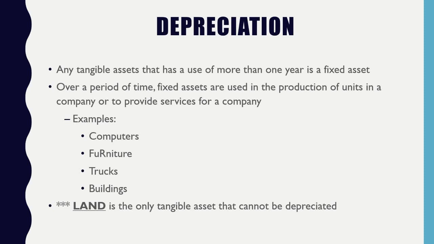Because land can also hold value, especially if it has natural resources such as diamonds, oil, petroleum, and all that stuff. So land is actually valuable, but the more you keep extracting all of those natural resources, the land becomes depleted. So once again, land doesn't depreciate, it depletes.